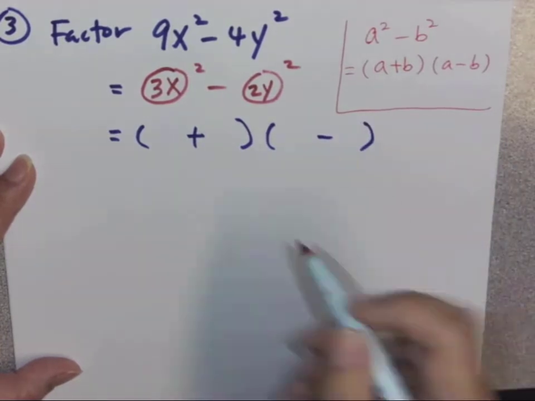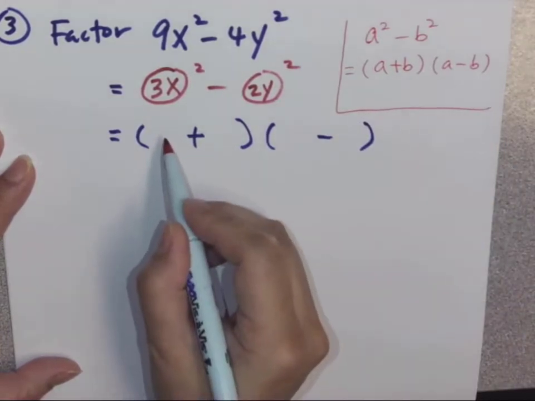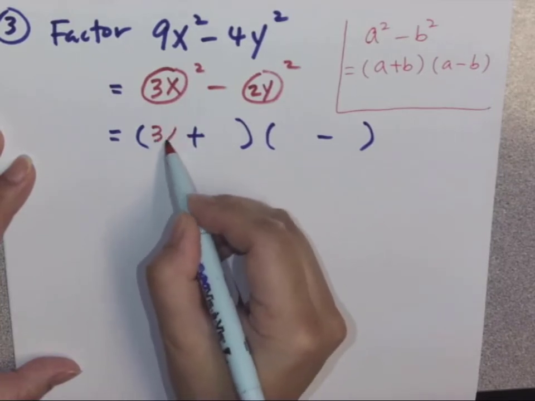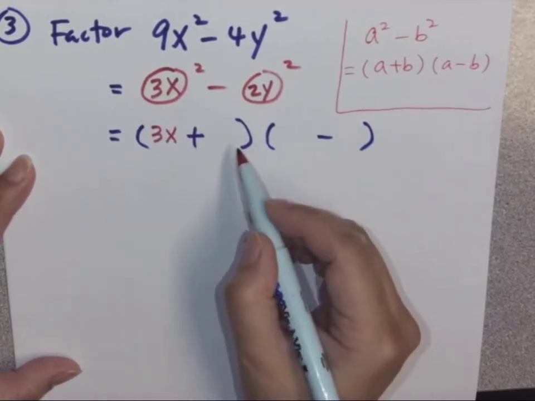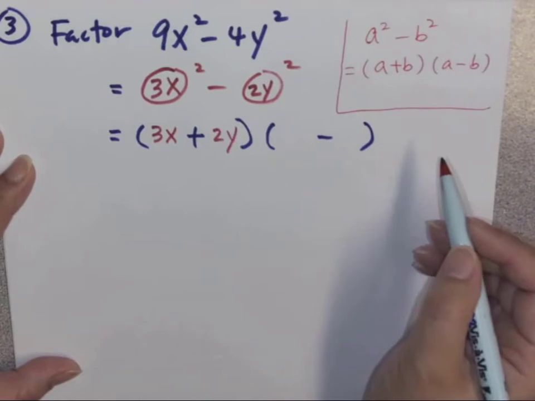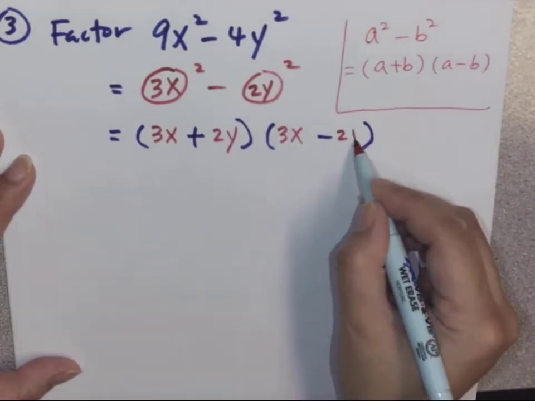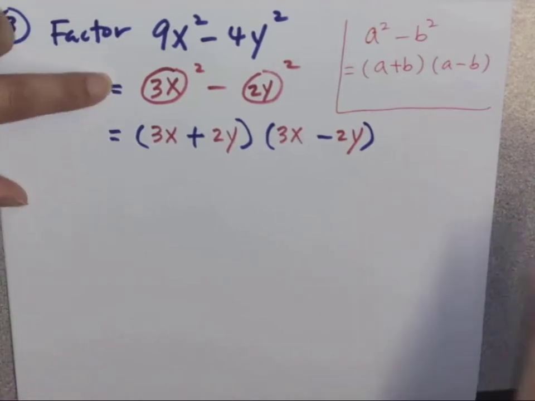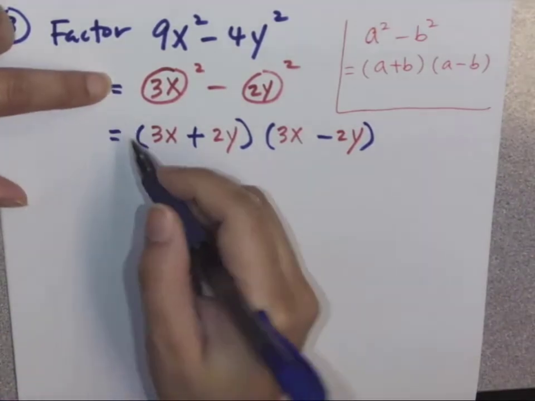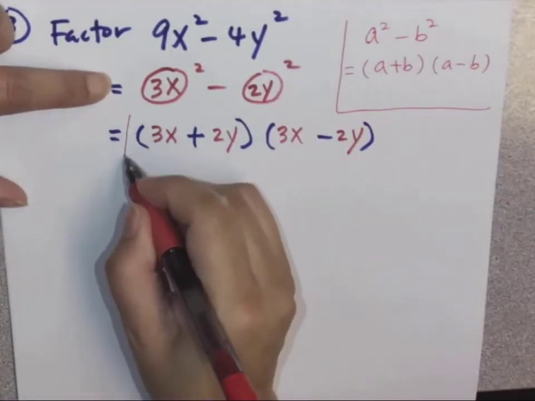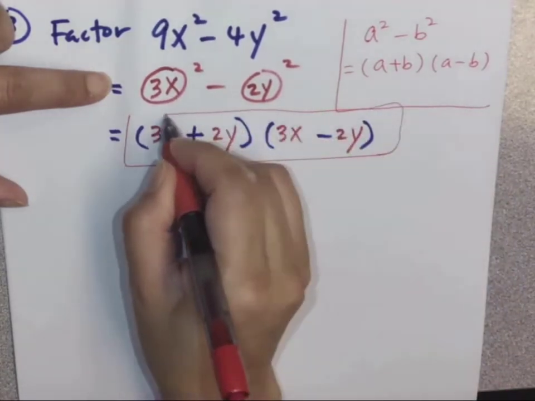So what do I put there? 3x plus 2y, and then 3x minus 2y. So once you rewrite them as a perfect square minus another perfect square, it makes things a little bit easier, right? Are we okay with this?